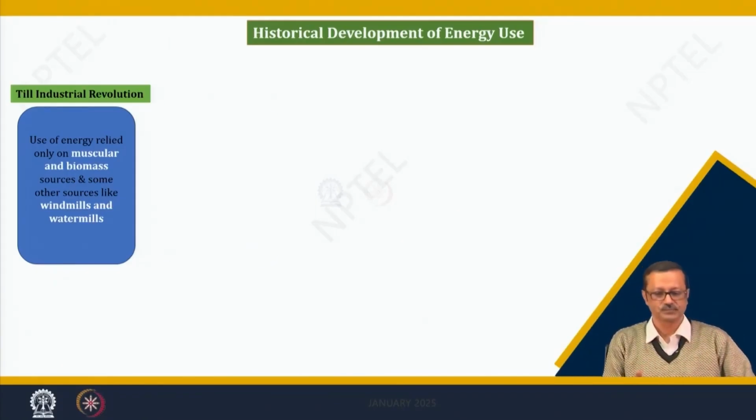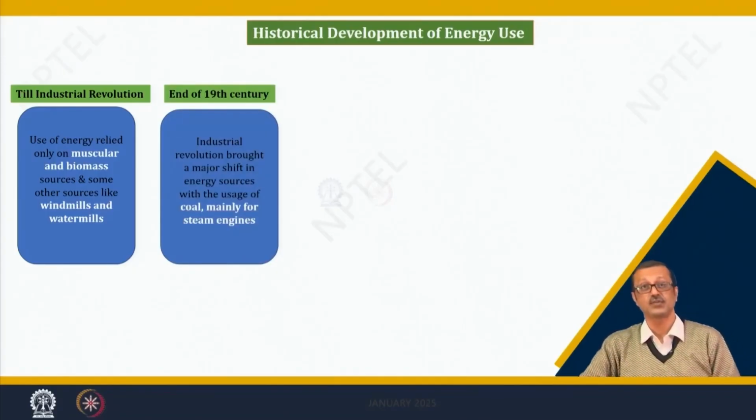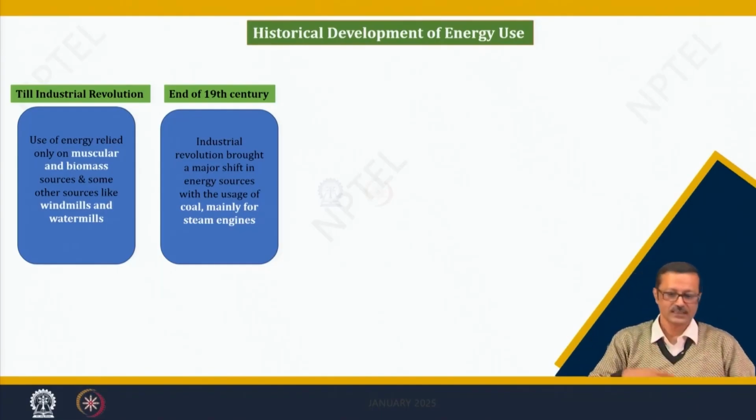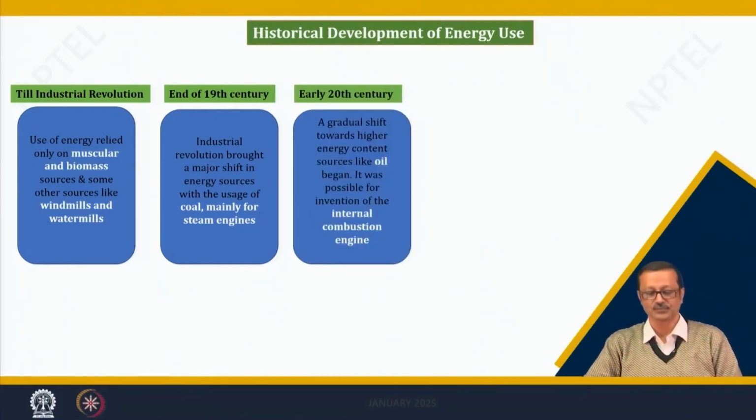In the end of the 19th century, we devised the coal and steam engine. Gradually we shifted to that after the industrial revolution, and in the early 20th century we discovered oil, and then there is the internal combustion engine, the IC engine.